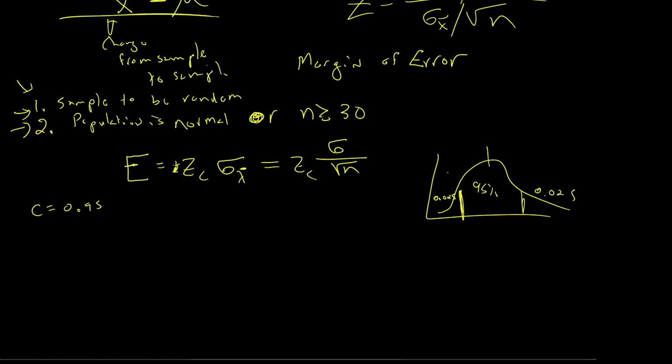Because I need a total of 0.05, 5% before and after. So I can invert my Z function. I can do a Z inverse, or I can look up on a table, or I can do a confidence value. But my critical value is going to be negative 1.96.